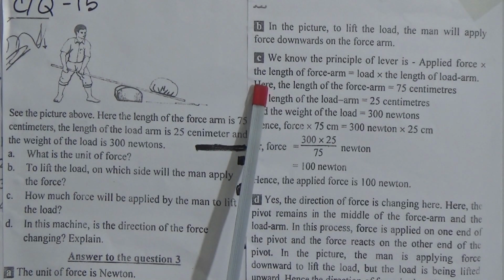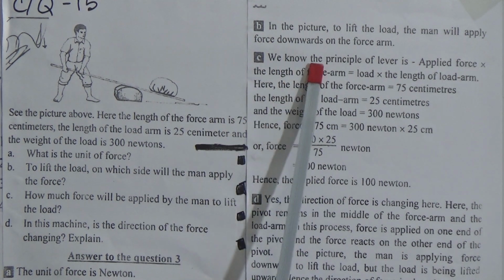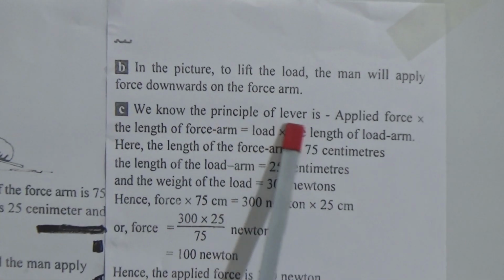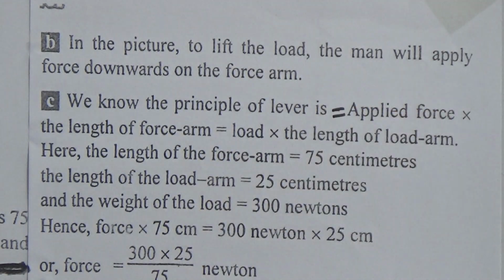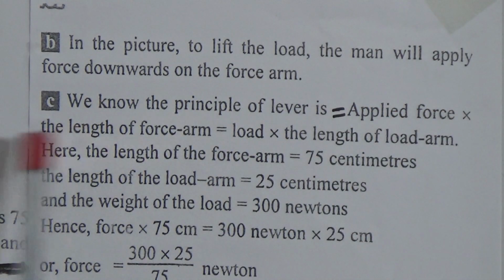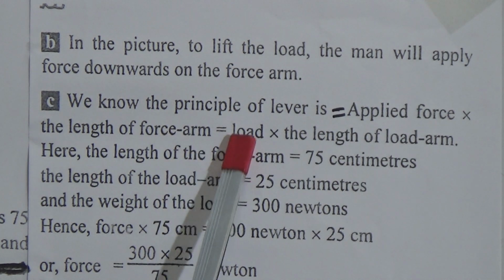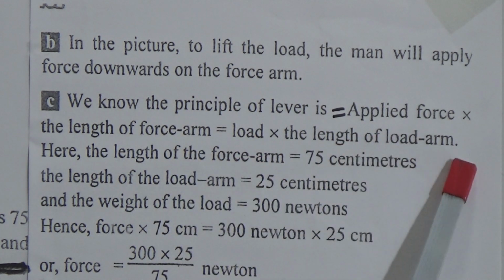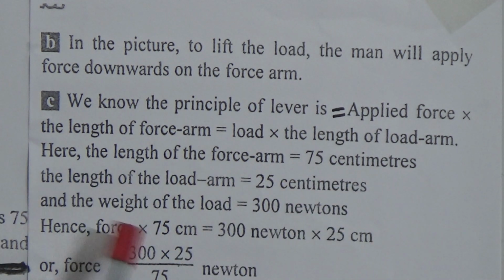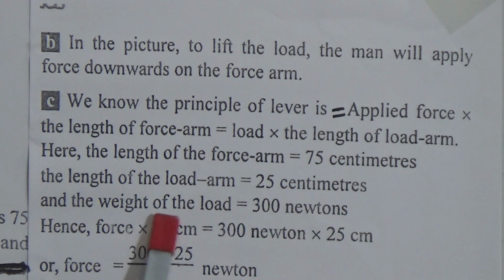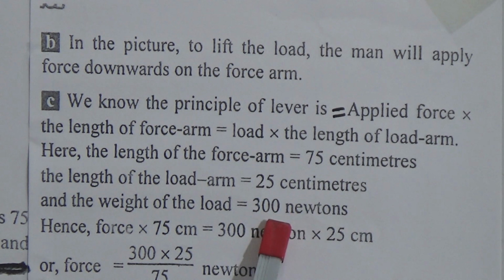Question C was how much force will be applied by the man to lift the load? We know the principle of the lever, dear students, that is applied force times the length of force arm equals load times the length of load arm. Here the length of force arm is 75 centimeters, the length of load arm is 25 centimeters and the weight of the load is 300 newtons.